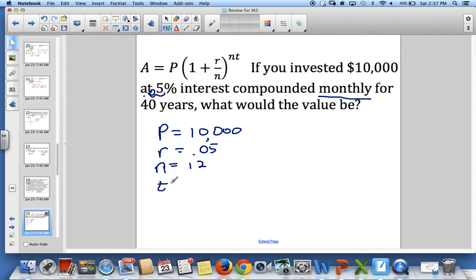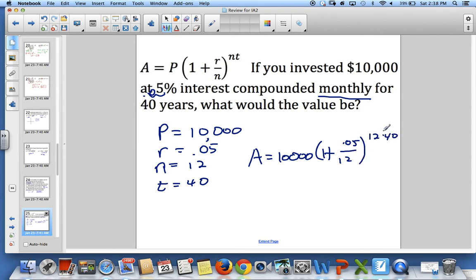And then t is the number of years, in this case 40. So the equation would be A equals 10,000, parentheses, 1 plus 0.05 over 12, to the power of 12 times 40.